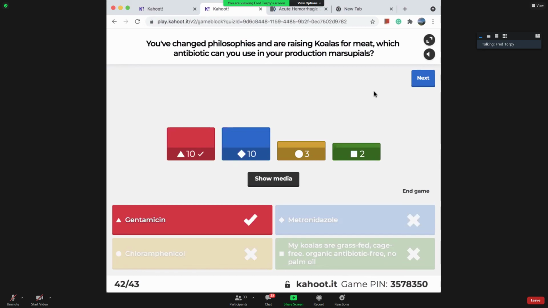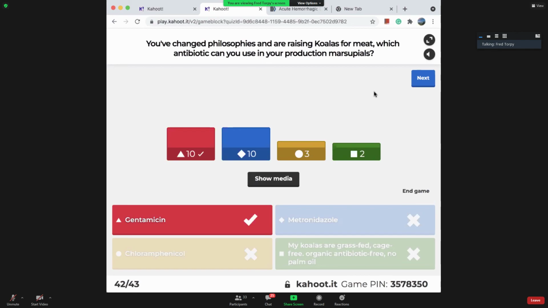Just because the risk in humans is so severe that they don't even let you try to do withdrawal periods or anything. It's just banned. Metronidazole, I'm pretty sure is similar. I know there's some risk of seizures and whatnot. I'm not sure if that's the exact reason in people, but it's just that the risk of residues for people is high, so they just don't let you use it. Gentamicin, it's okay to use just with proper withdrawal.